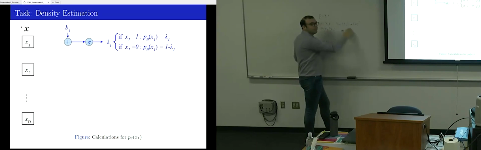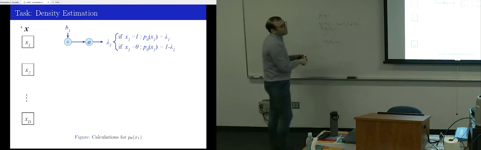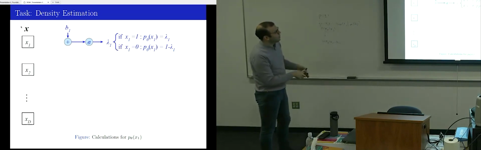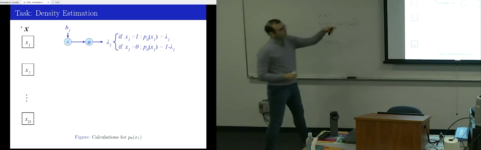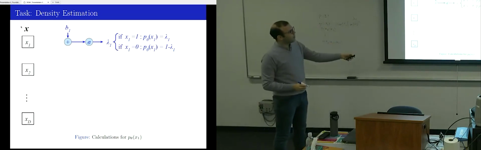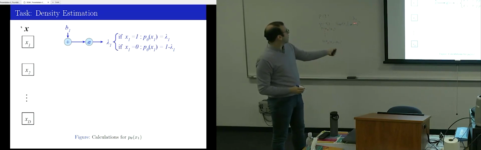We saw it before in the previous slide. So I just need to calculate this value, which I call lambda 1. b1 enters a sigmoid, and this is lambda 1.